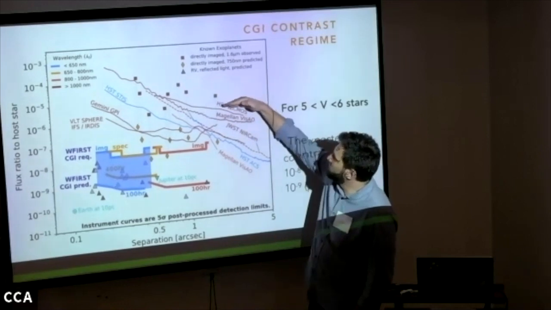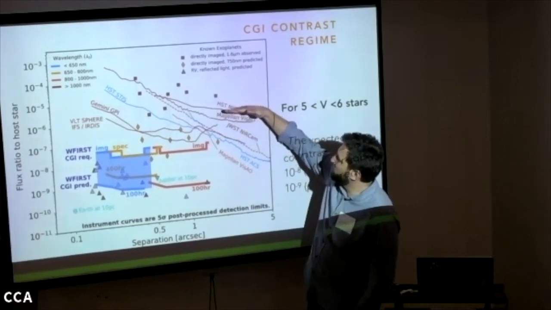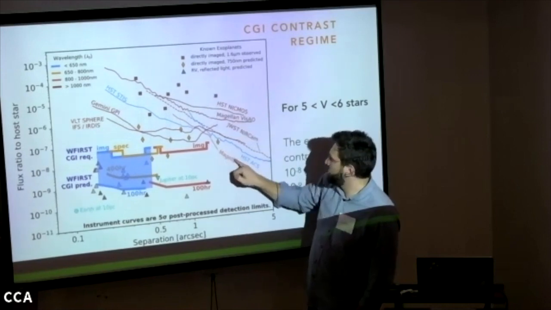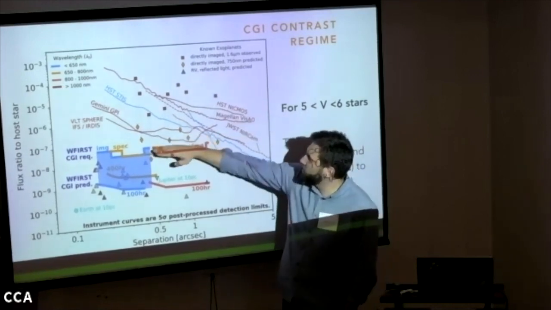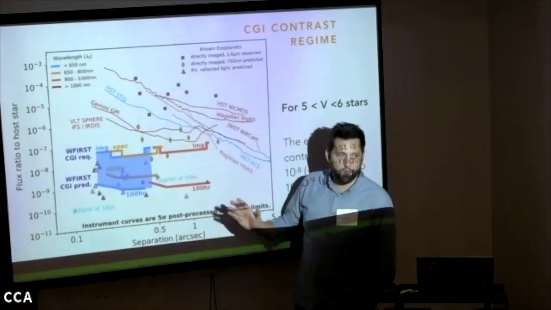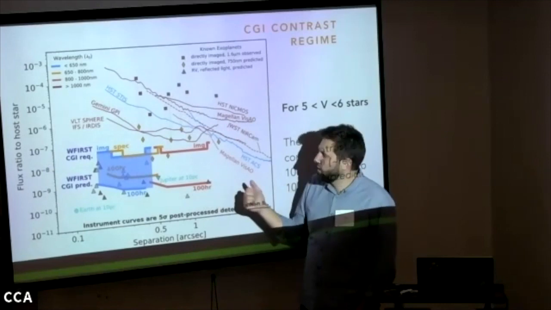This is where NICMOS was. This is Magellan. The visible adaptive optics of Magellan is somewhere here. So we're talking about a completely different contrast regime, really several orders of magnitude.